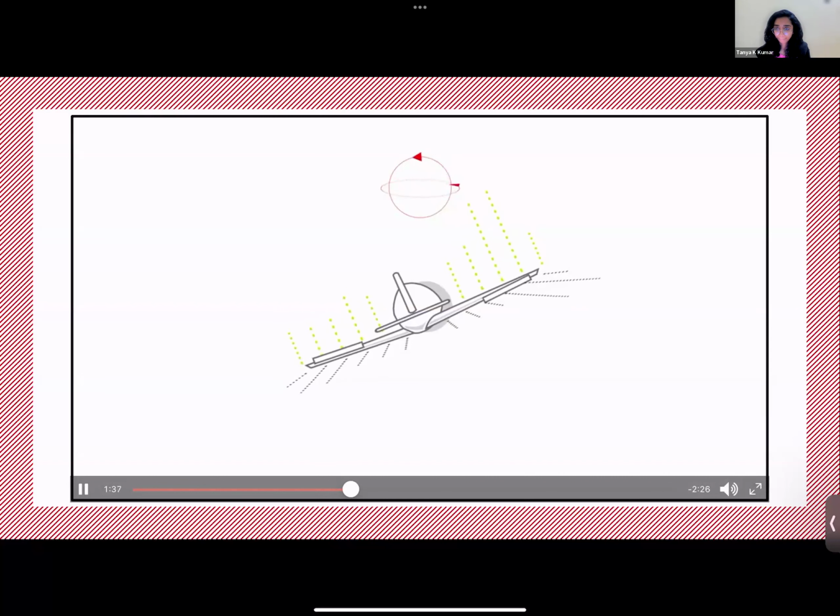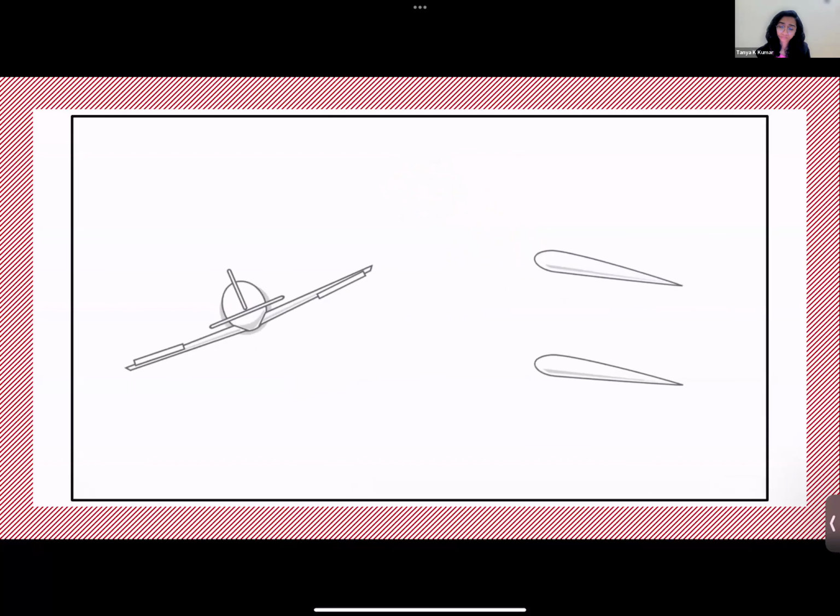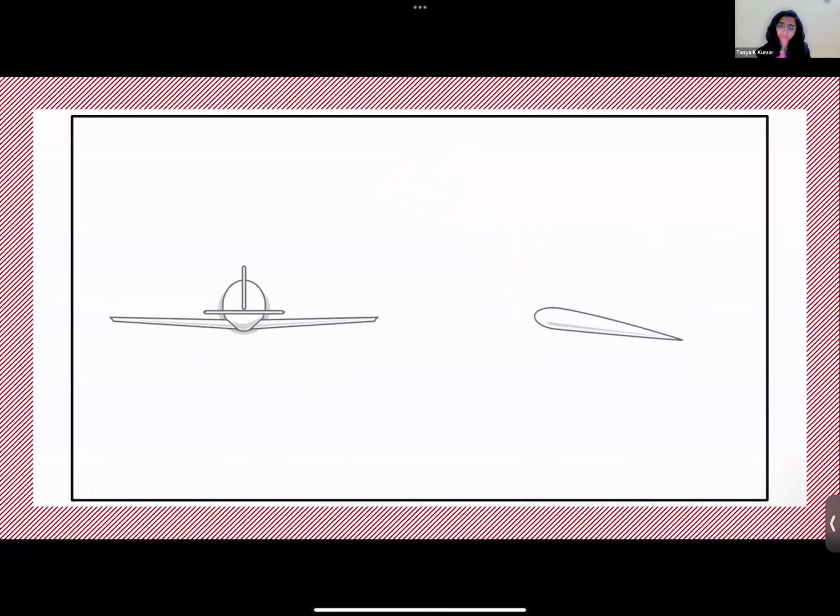This effect is most noticeable at low speeds and on aeroplanes with high aspect ratio wings. There is another reason for the adverse yaw that is not often mentioned. In straight and level flight, both wings encounter the relative airflow head-on.